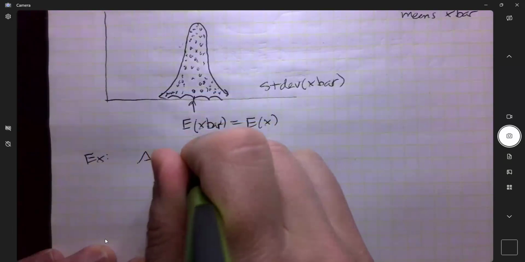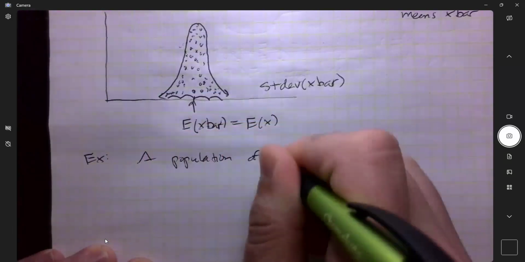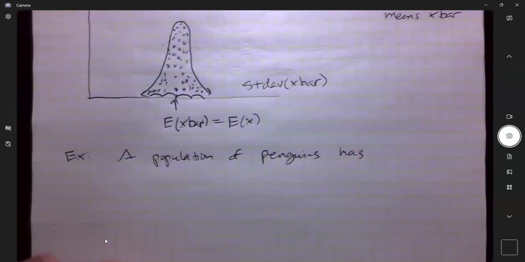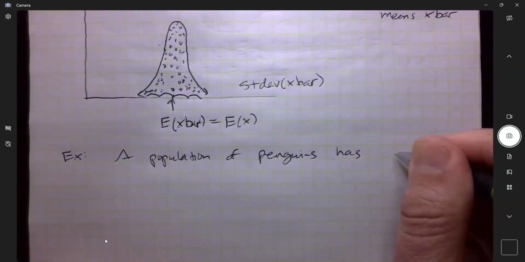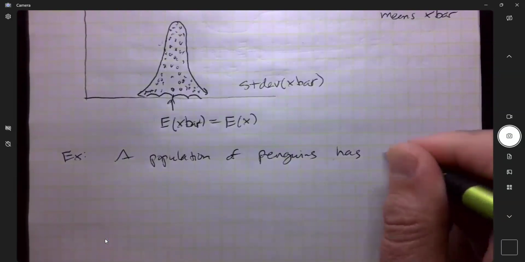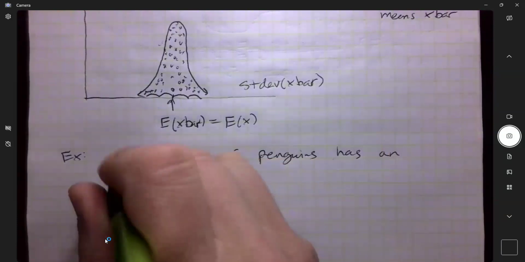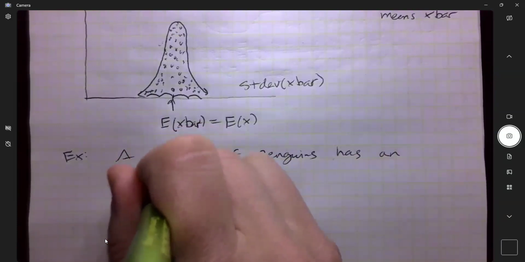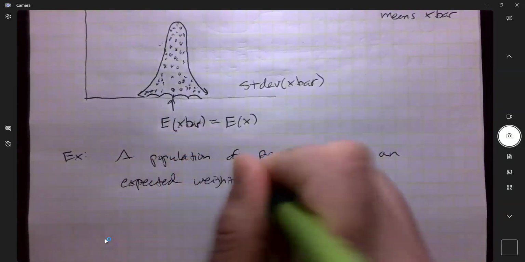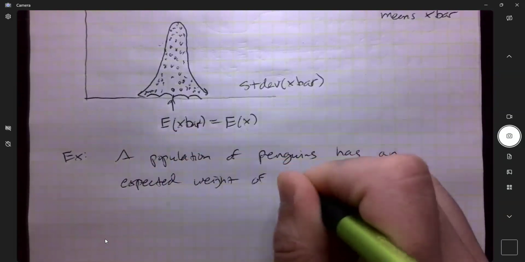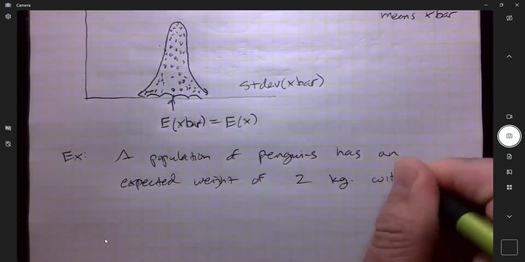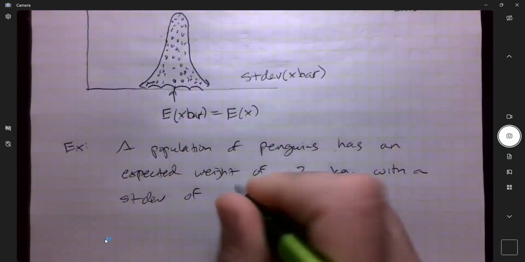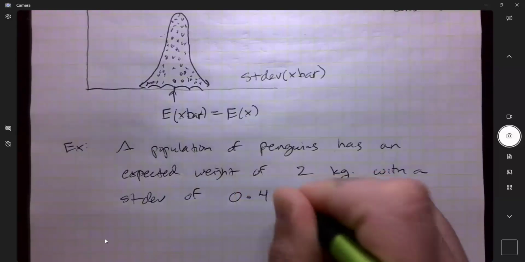The population of penguins has an expected weight of, let's say, 2 kilograms with a standard deviation of 0.4 kilograms.